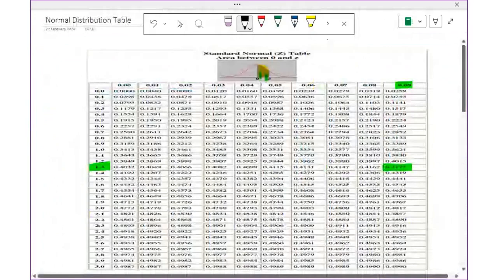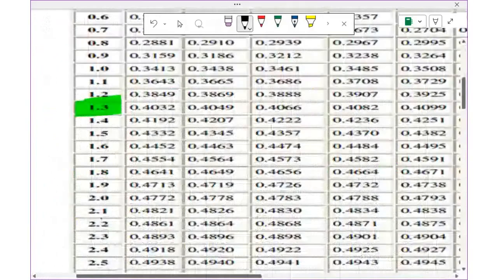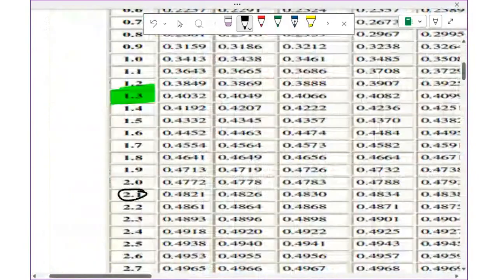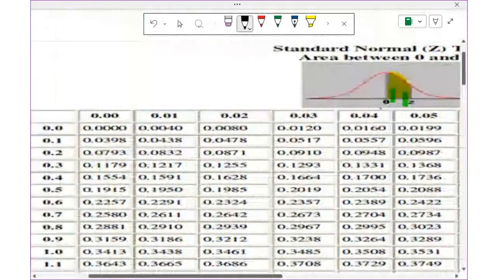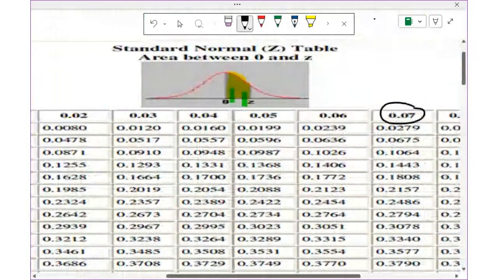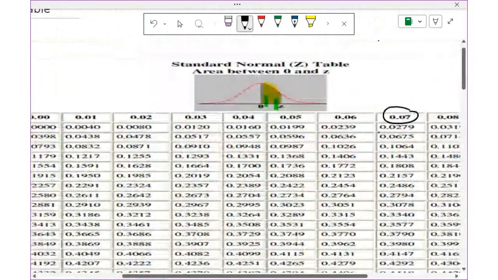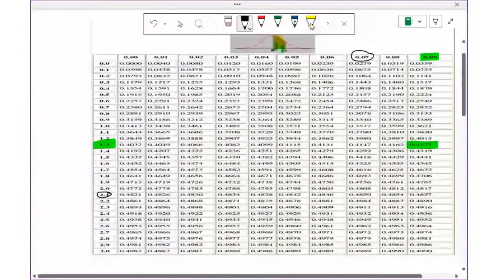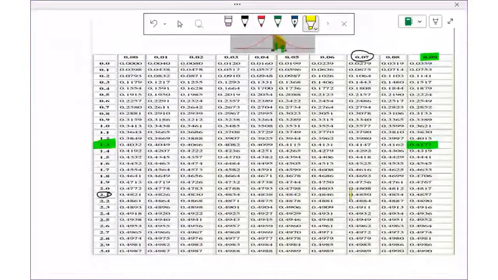So 2.1 and 0.07. Now we need to match. If you match here, this is 0.4850.